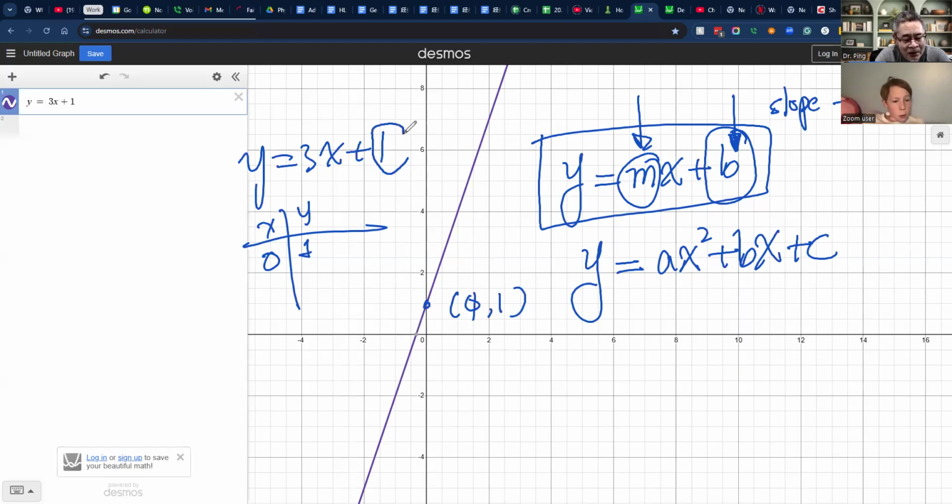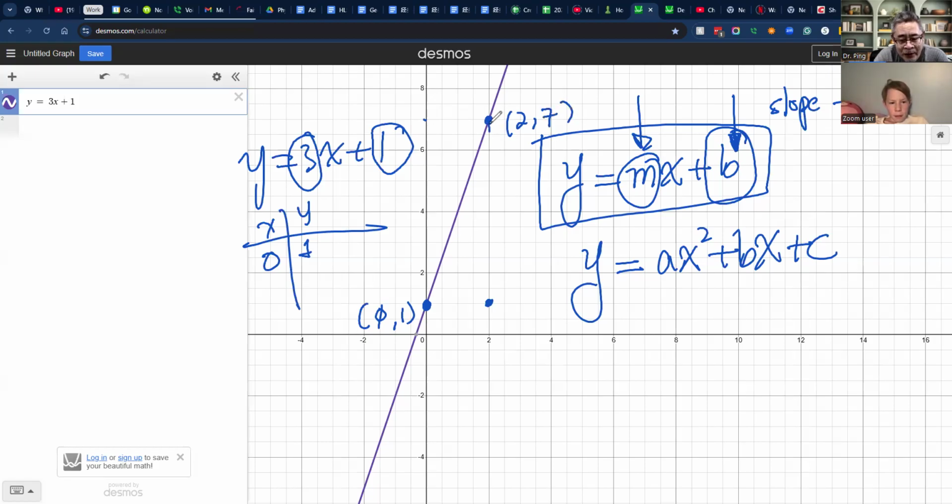And the 3 here is the slope. Why is that? If we pick any points, say this point here, 0, 1, and move to the other point here, 2, it'll be 7 here.